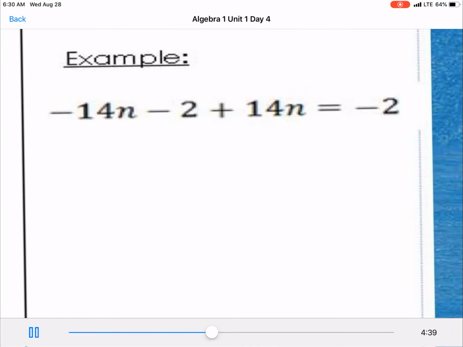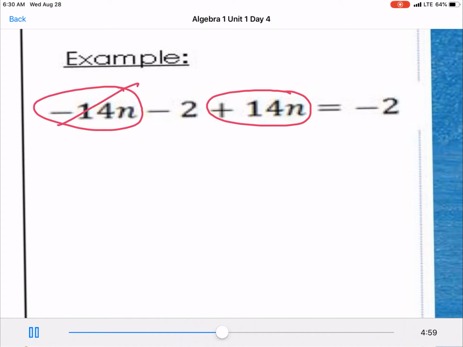Our last example is negative 14n minus 2 plus 14n equals negative 2. Let's check if we have any like terms. Here we have negative 14n and positive 14n. One more time, negative 14n plus 14n is just 0, so they cancel out.